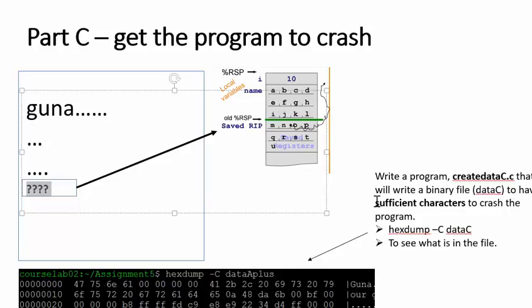You don't want it to be too big to crash the program. Now, once you figure out how to write this binary file, which I will show you in a little minute, you can do a hexdump to see what the bytes in the file are. So maybe you will see that the last 8 bytes, the bytes matching this location, are all zeros, so you can get the program to crash.